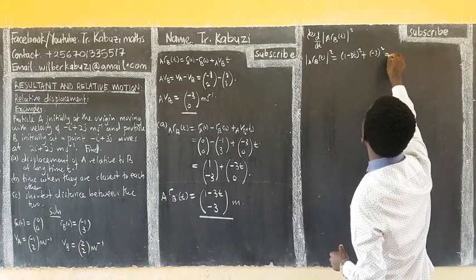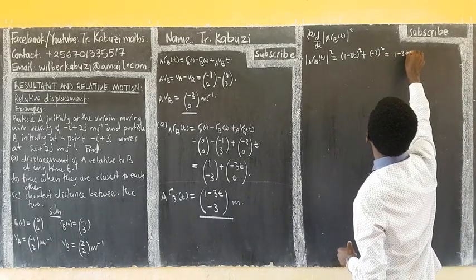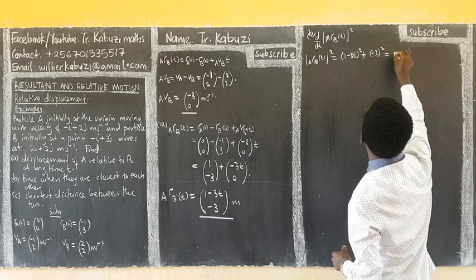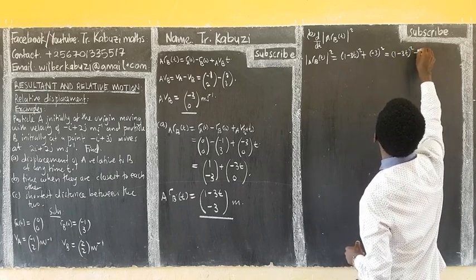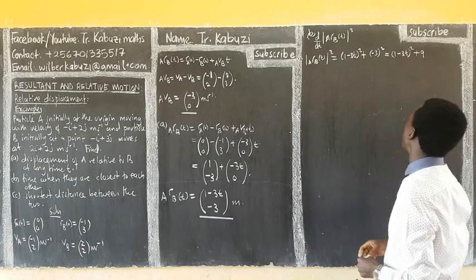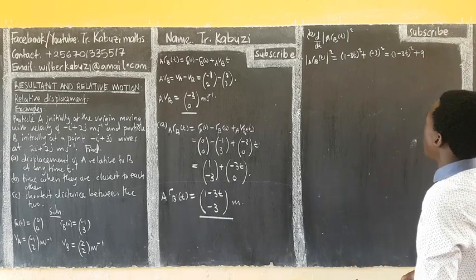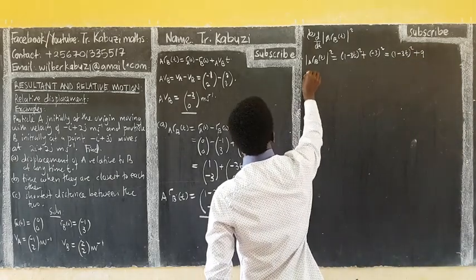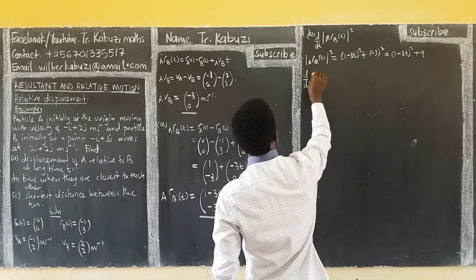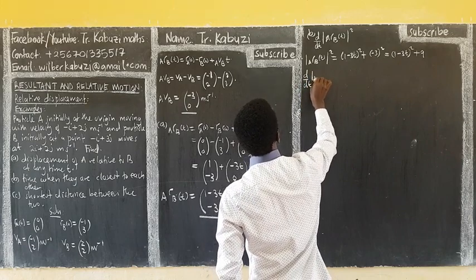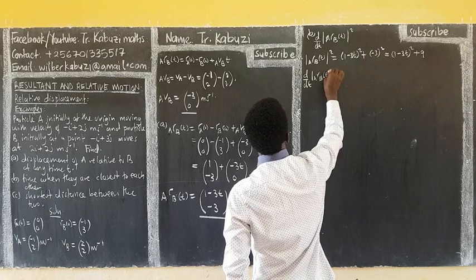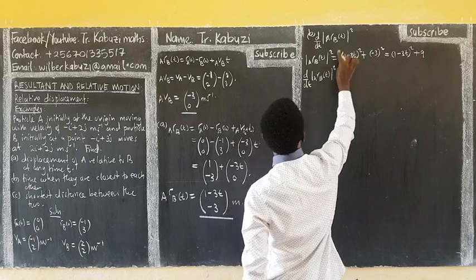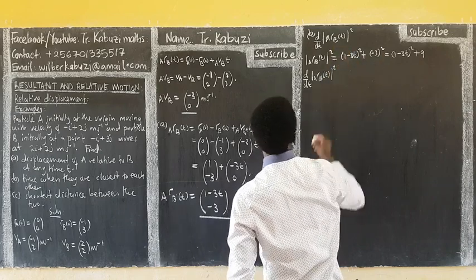And this will give us 1 minus 3t squared, then plus 9. We can easily differentiate this. This is squared, that's why I don't have a square root here, because we are squaring it.